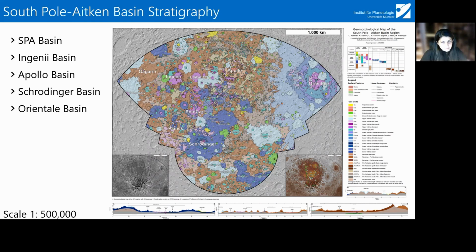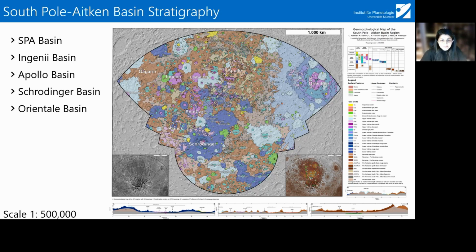Then Apollo Basin, where we can also see the central rim. Then the more preserved Schrodinger Basin, and then Orientale Basin, which was added in addition to SPA because many of the secondary craters come from Orientale Basin, and part of South Pole is added because of the rim extension of SPA in this region as well.